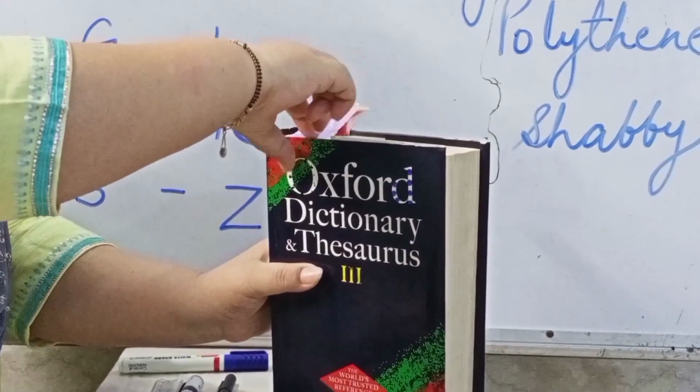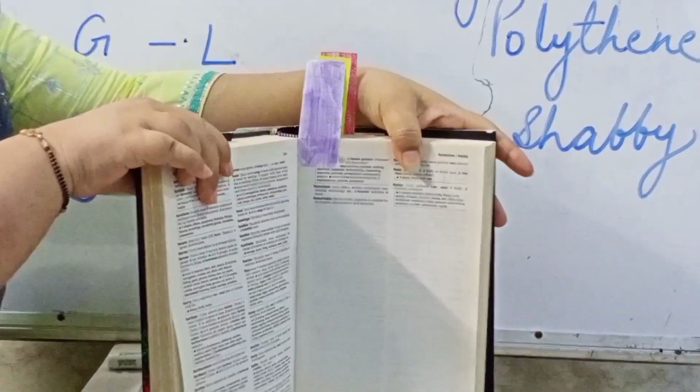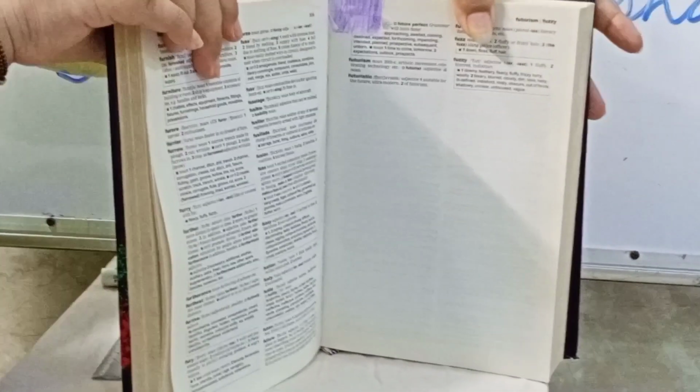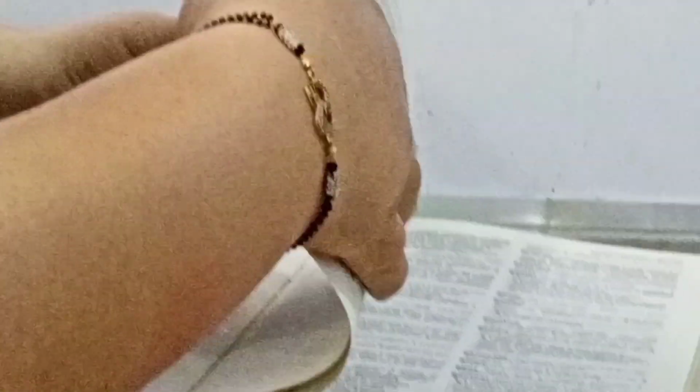It means from page 1 till here, this is the first quartile, A to F. This is the last page of letter F. If you turn this, you'll see letter G. It starts from here only.